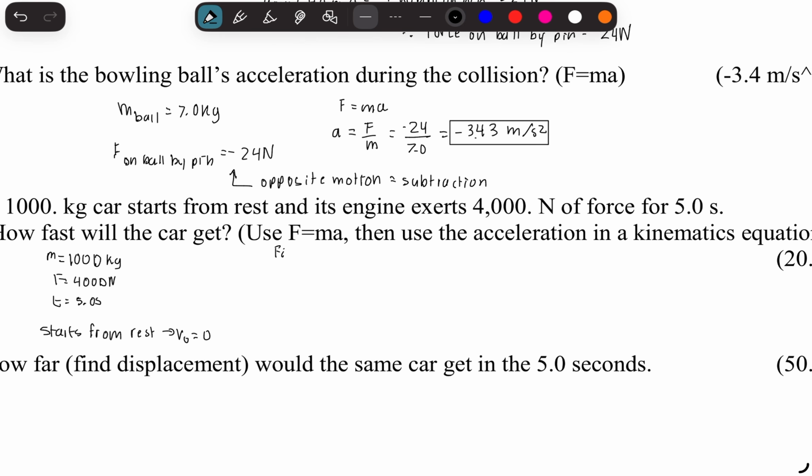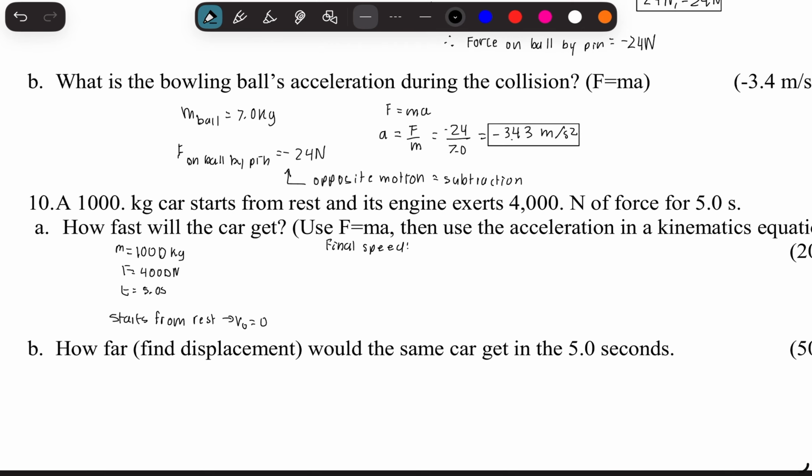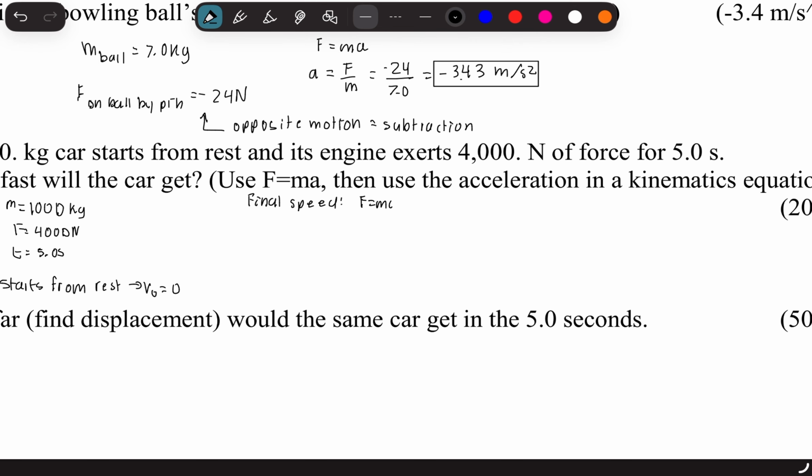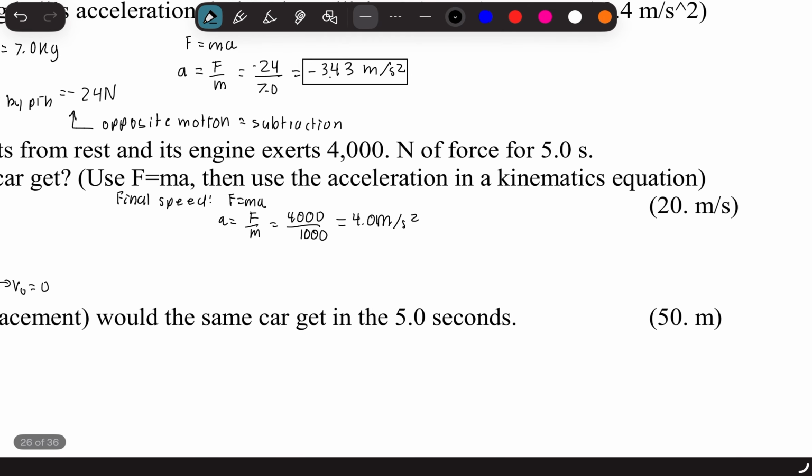Now for the final speed, what we have to do is first find the acceleration. That's going to be 4,000 divided by 1,000, which is 4.0 meters per second squared. Now we use kinematics.